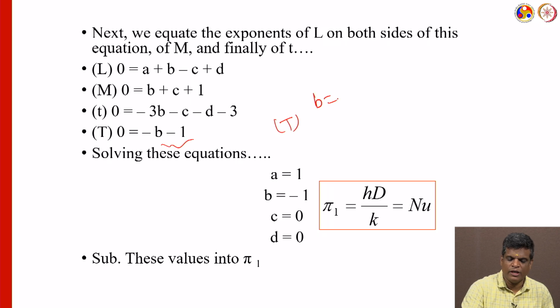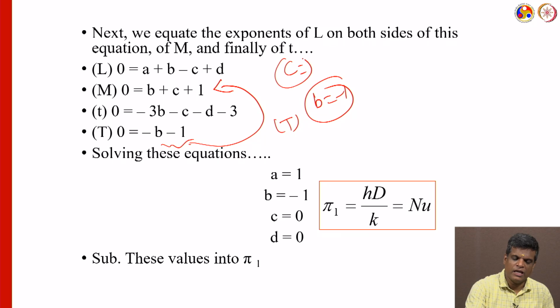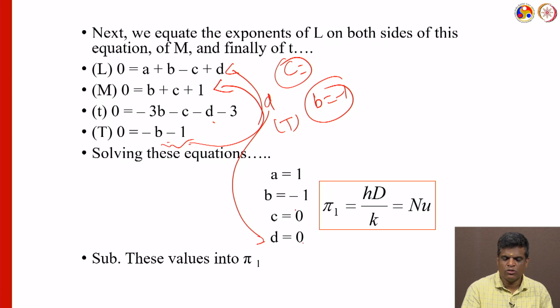First, get the value of B from the temperature equation. Once you have B, substitute to get the value of C. Once you know C and B, substitute to get the value of D. Then knowing B, C and D, you can finally get the value of A. So after solving everything, we know A, B, C and D.